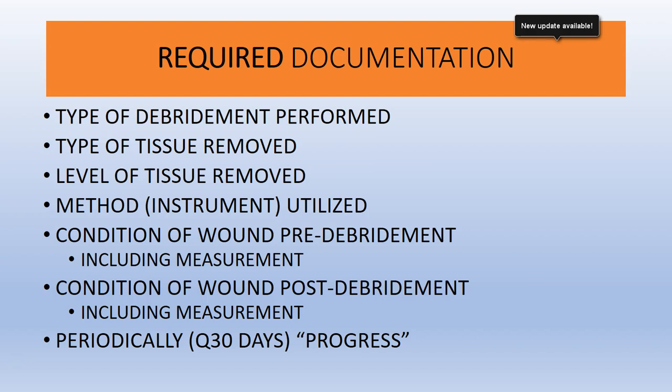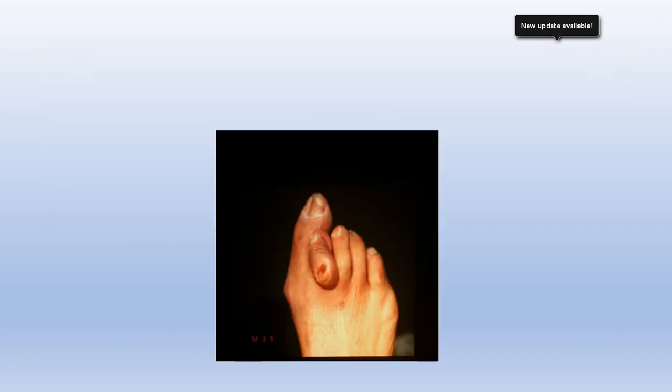Required documentation with regard to Medicare and debridement includes the type of debridement performed, the type of tissue that was removed, the level to which the tissue was removed, that is to say the depth, the instrumentation that was utilized for debridement, and again the appearance and measurement of the wound pre-debridement, the condition and measurement of the wound post-debridement, and a reassessment every 30 days regarding the progress of that wound.